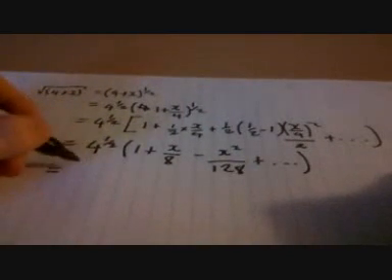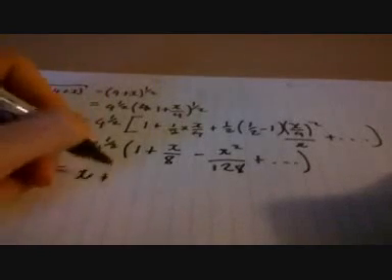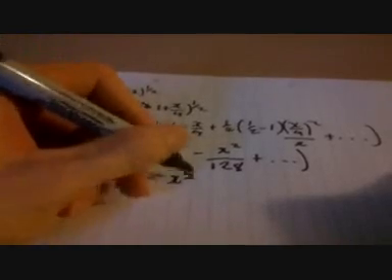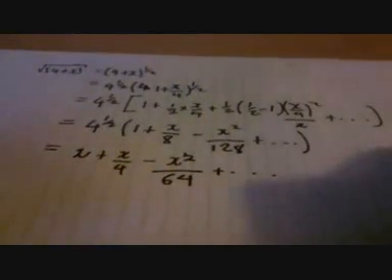So 4 to the power of a half is simply 2. So you have 2 plus x over 4 minus x squared over 64, and then the terms go on towards infinity.